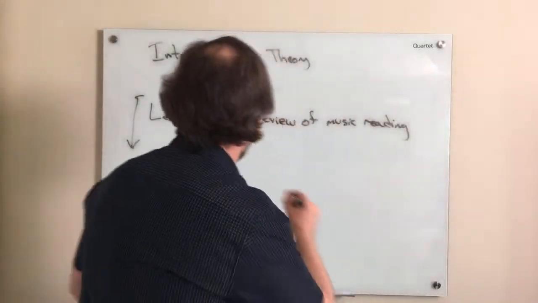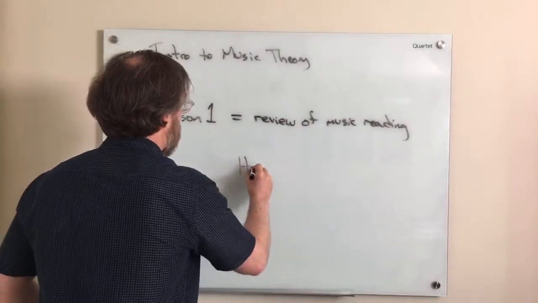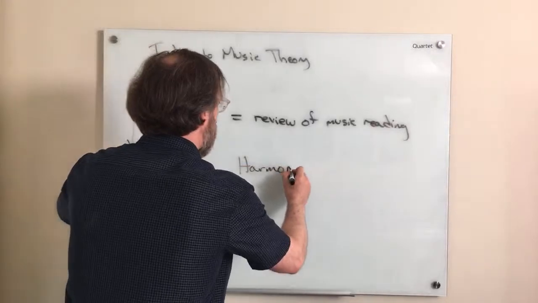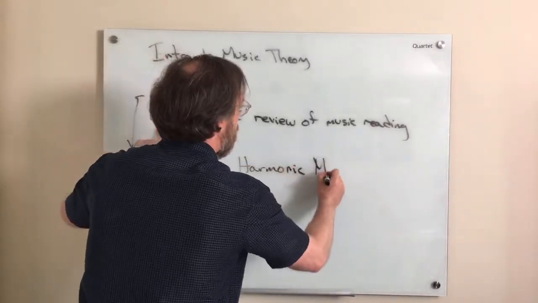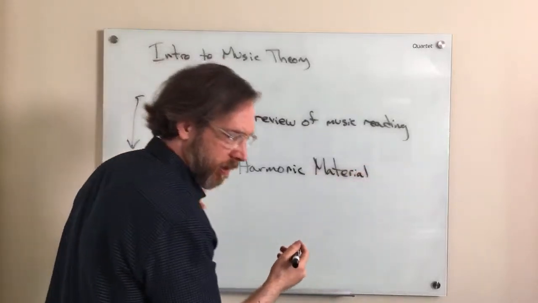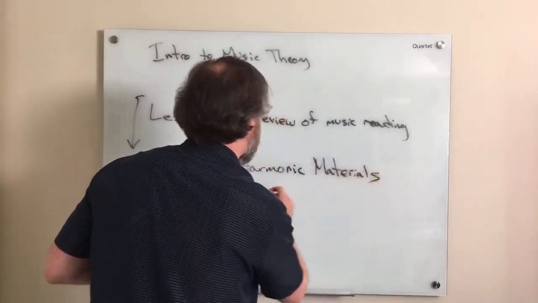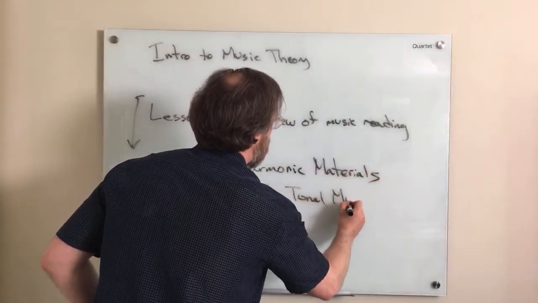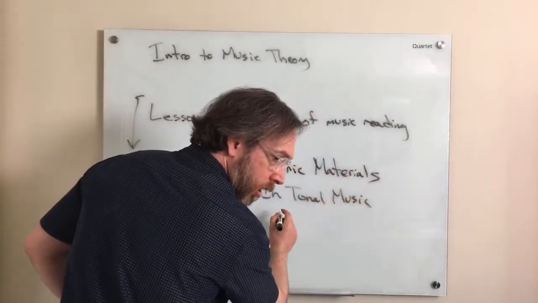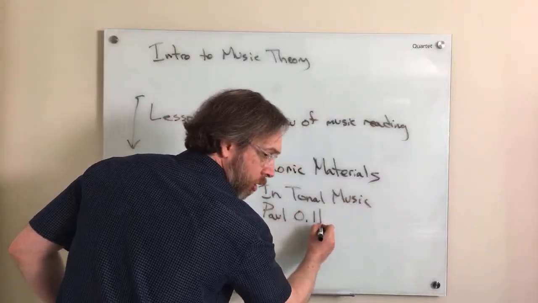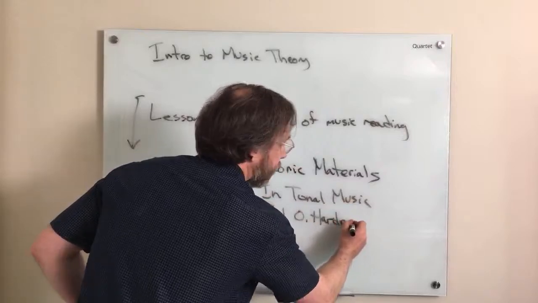So I would recommend, look at my music theory lesson 1. Anything you don't get, some of these books, you can get them used for like so cheap. It's ridiculous. So Harmonic Materials in Tonal Music is one book, and the author is Paul O. Harder.